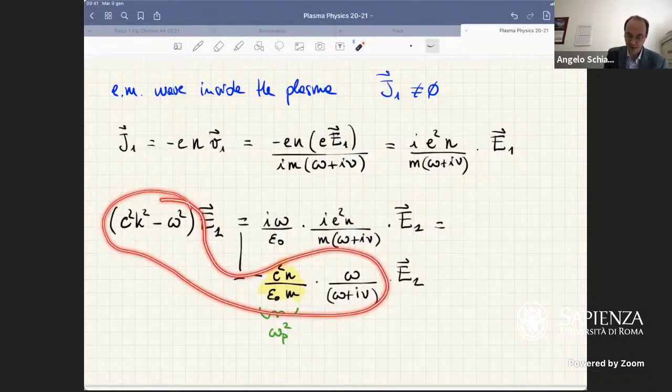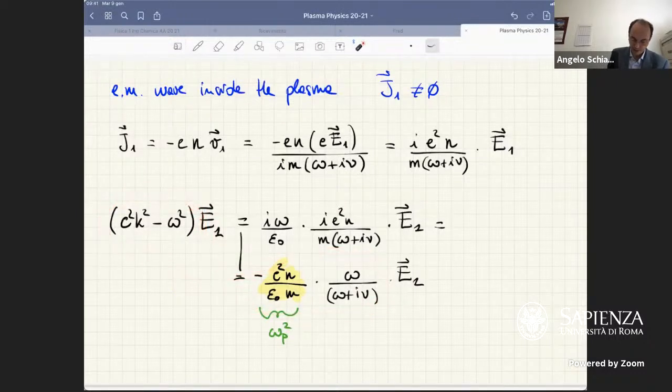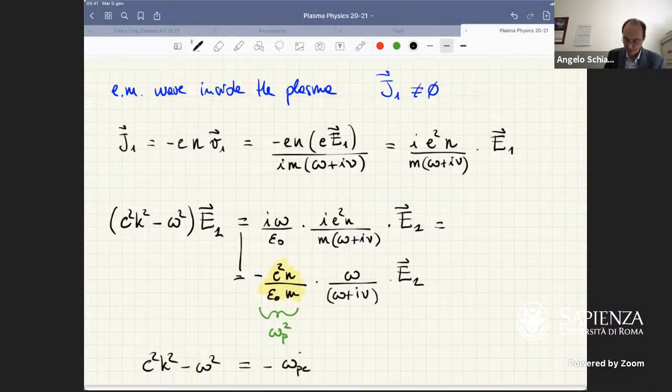And this dispersion relation is c squared k squared minus omega squared equals minus omega p squared multiplied by 1 divided by 1 plus i nu over omega.